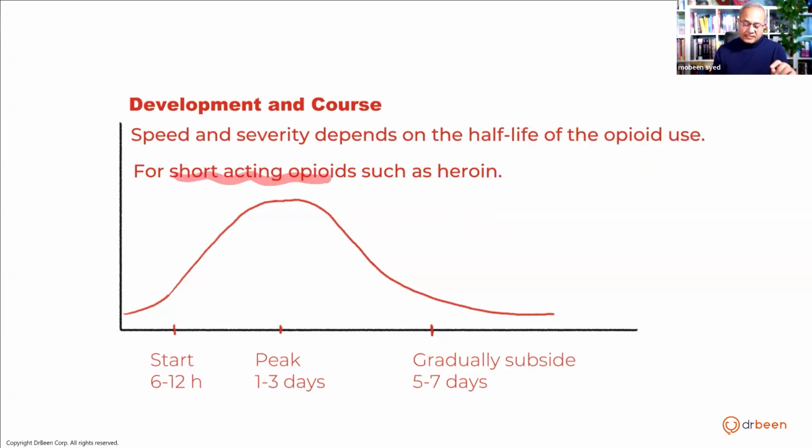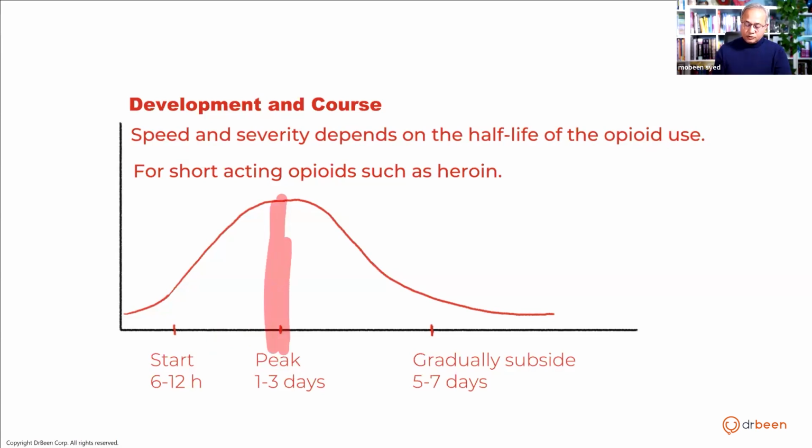For short-acting opioids, such as heroin, the effect will start within 6 to 12 hours of the last dose. Within 6 to 12 hours, they would start feeling the withdrawal, because heroin is a short-acting opioid.